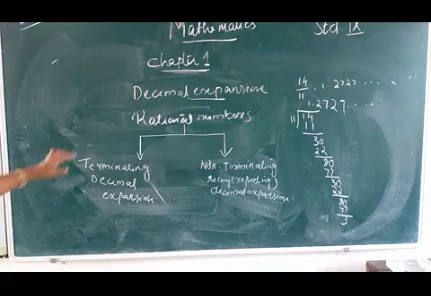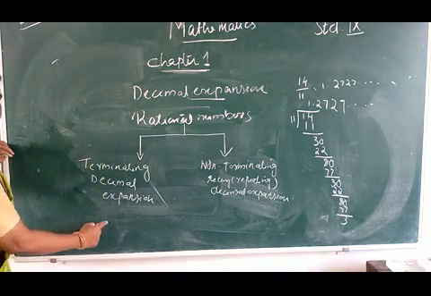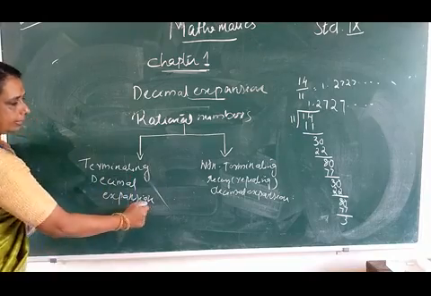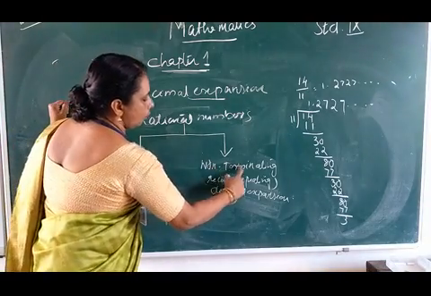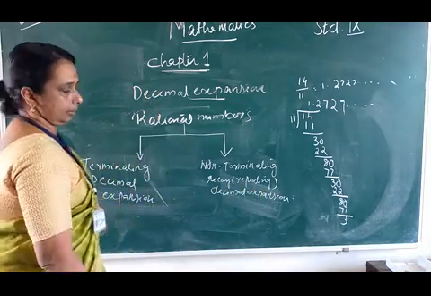That is, rational numbers have two types of decimal expansion. This one is one way, terminating decimal expansion. Here, non-terminating recurring or repeating decimal expansion.